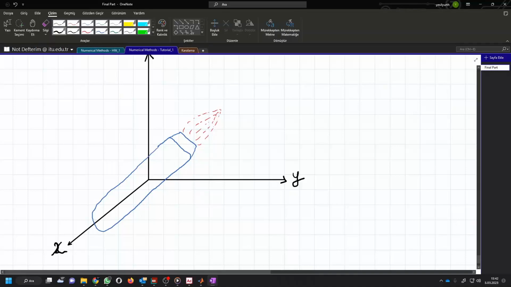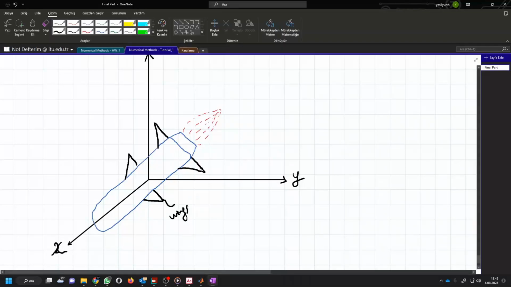We may have some type of tail controls or stabilizers. We can have wing controls here, or we may have some type of control surfaces called the canard type surfaces at the front side of our rocket.